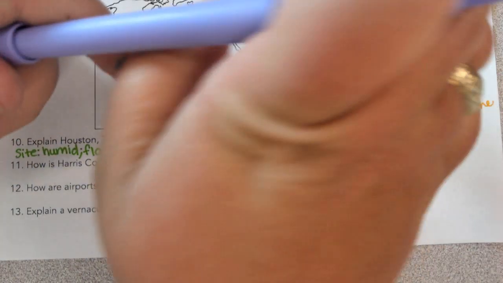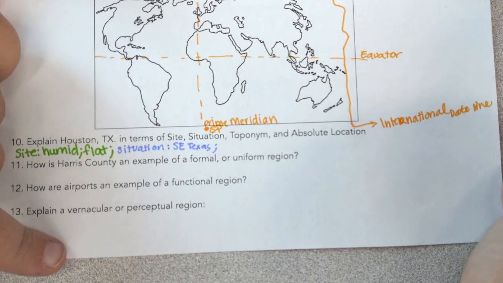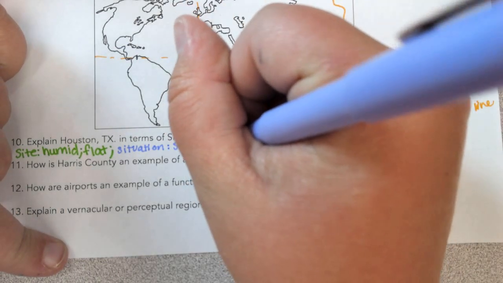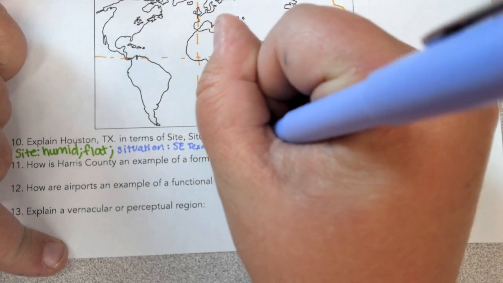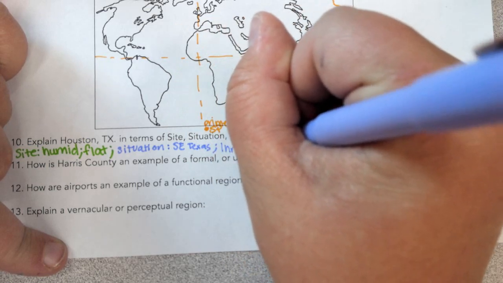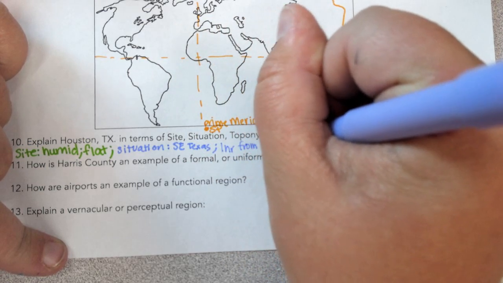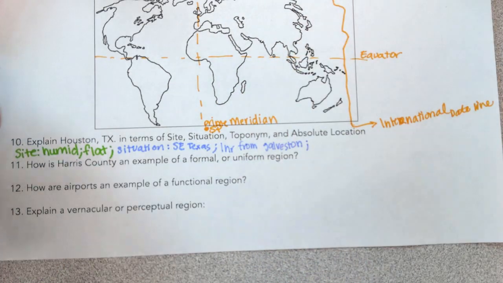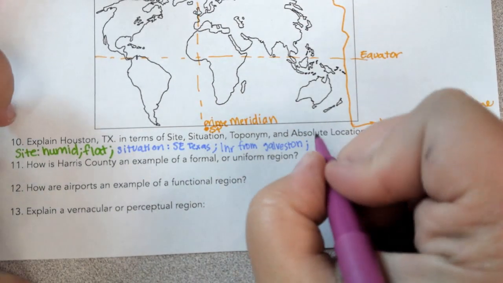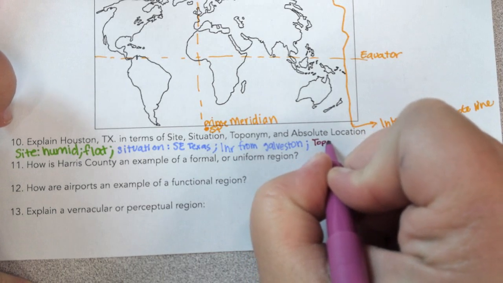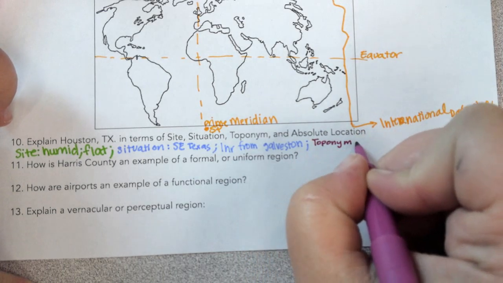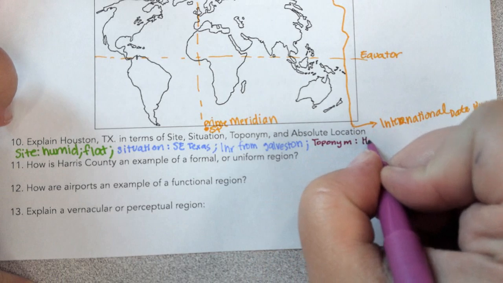We are about 1 hour from Galveston. This is what we are in relation to other places. The toponym, if you know what our city is called, you should be able to get that one. Our toponym is simply Houston.